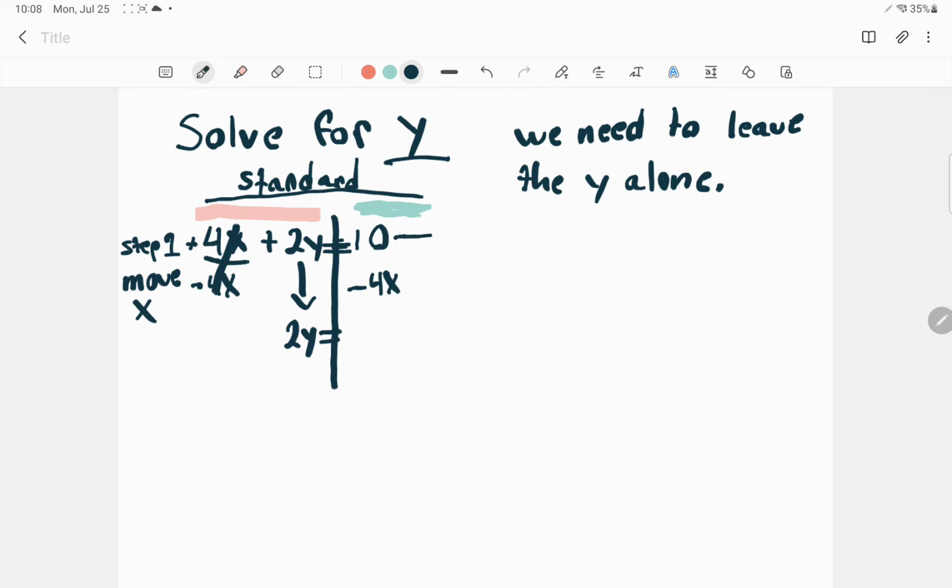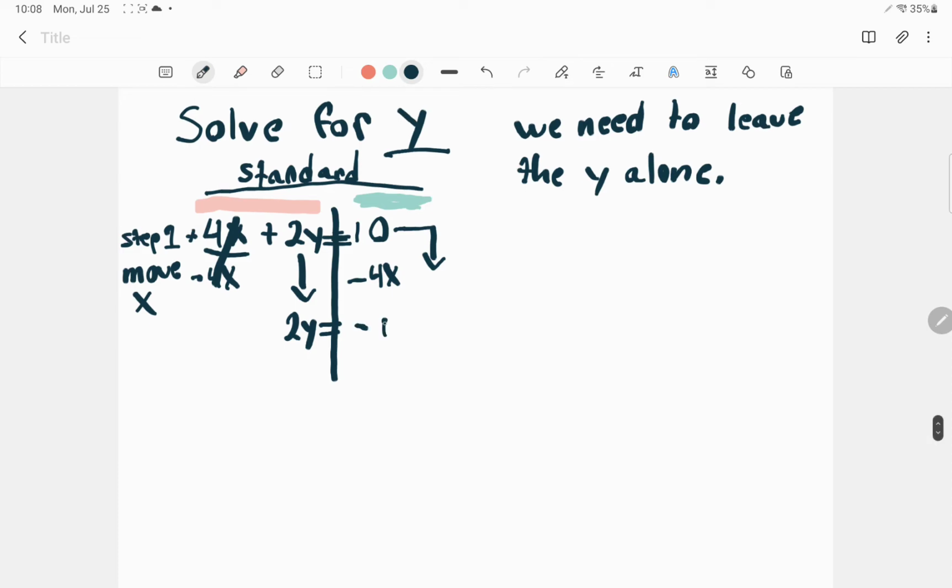Well, it's very simple. I'm gonna bring the 10 down. That 10 is a positive 10, so I'm gonna put a plus in front of it. So I'm gonna rewrite it: negative 4x plus 10.